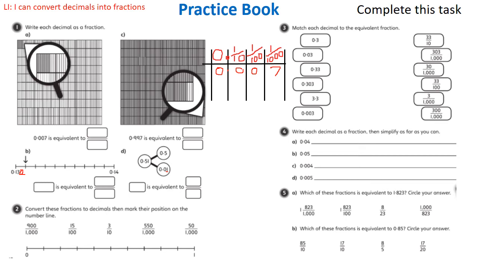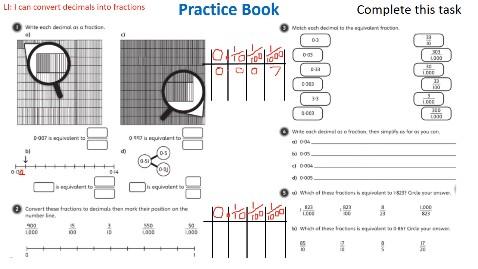Question 2, convert these fractions to decimals and mark their position on the number line. So you've got 2 parts to this question. Obviously, make them into decimals first, and then put them on the number line, which is from 0 to 1. A place value chart is probably going to be really handy again for this one.